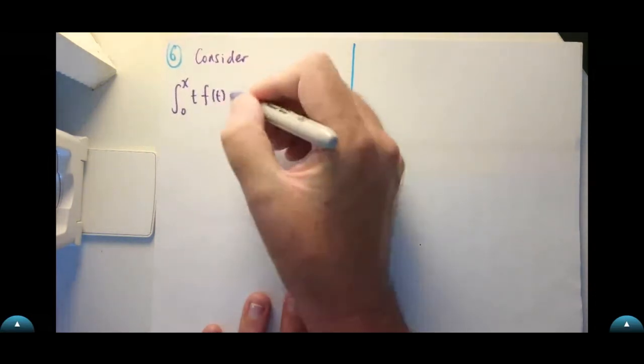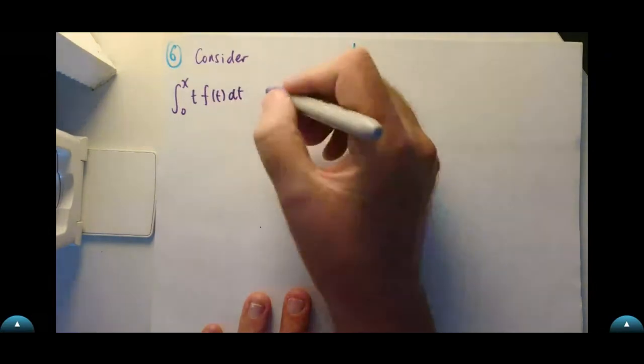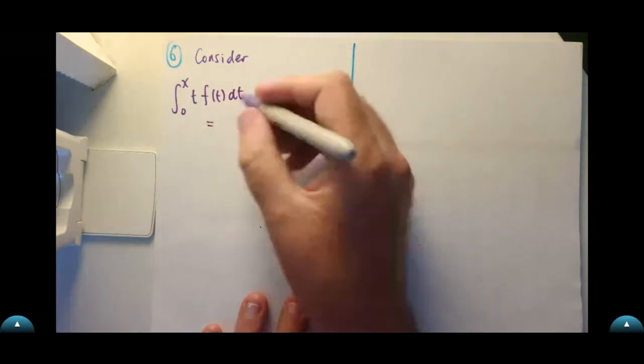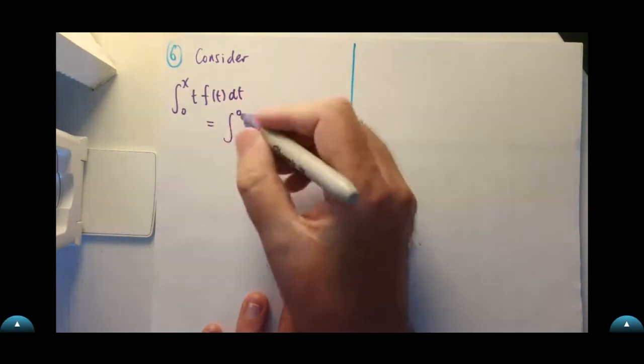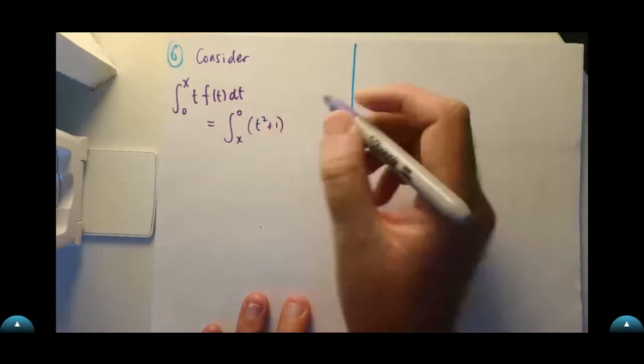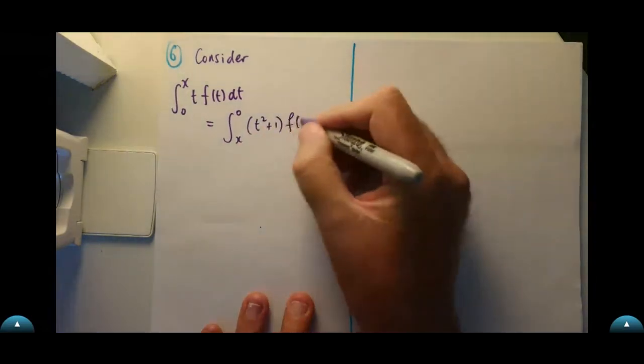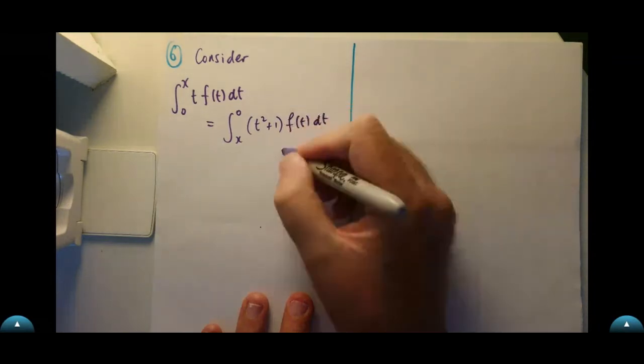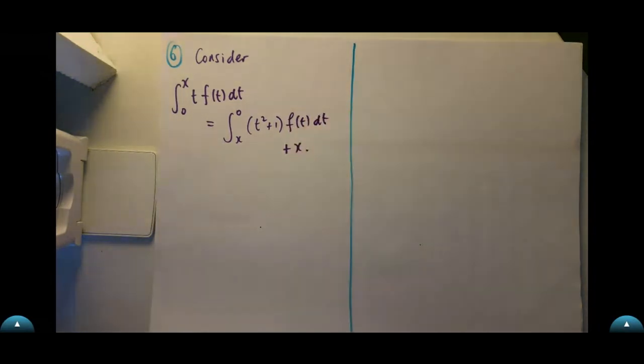So f of t is the unknown function. We want to solve the equation for f of t.